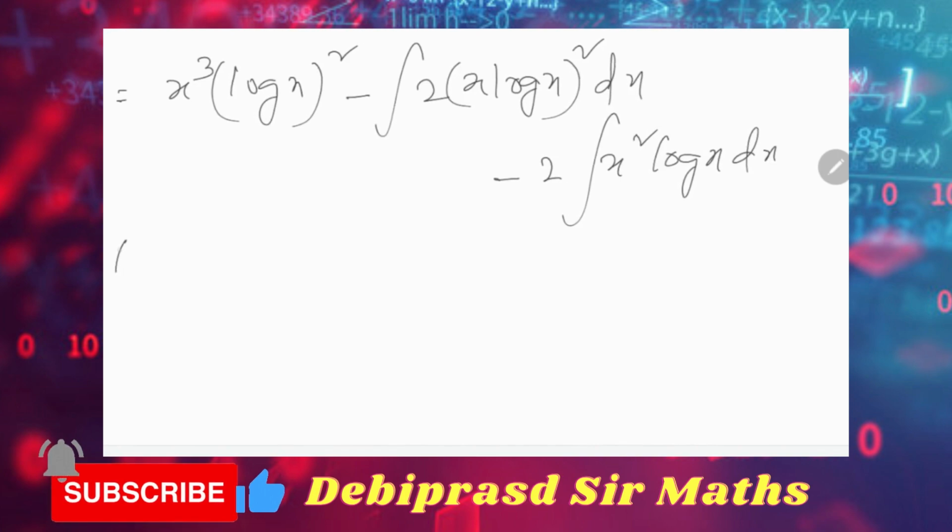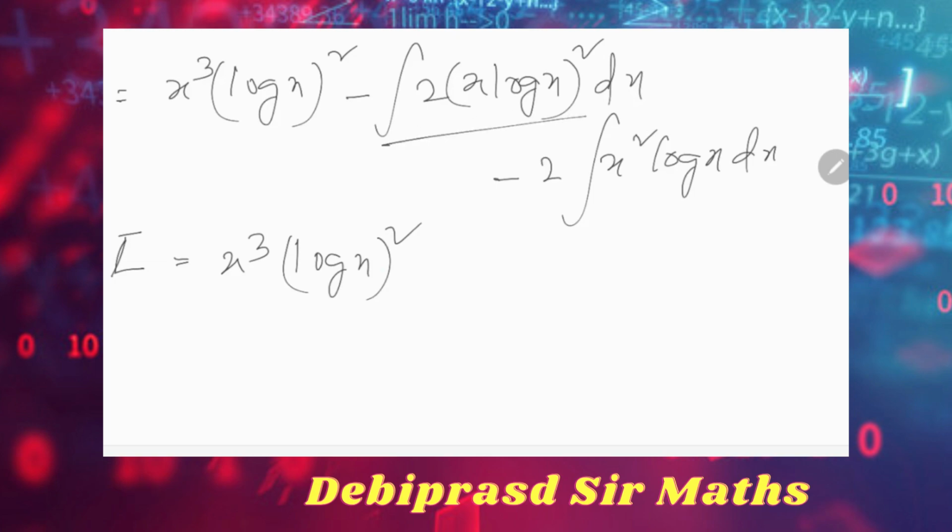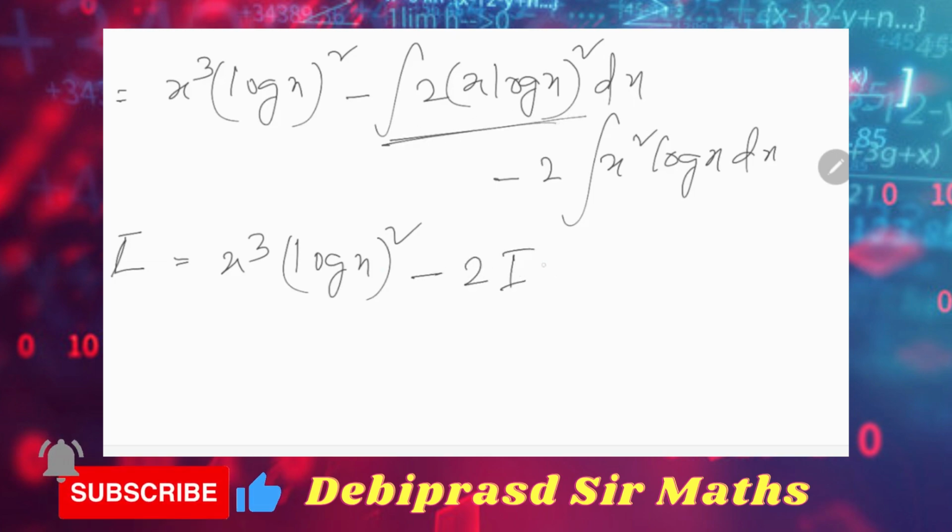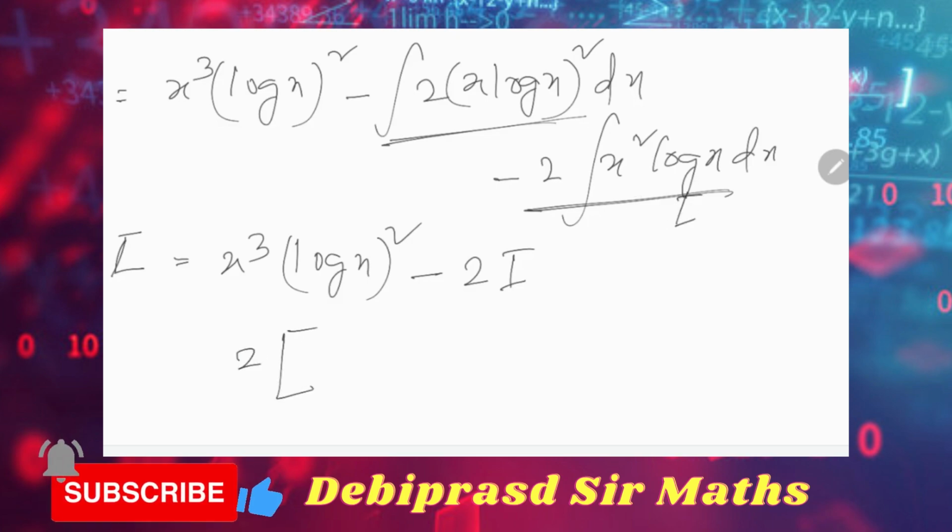So I is equal to x cube log x whole square. This is the 2 again I, and that is the last part. I can write 2, then this is the first function and that is the second function.